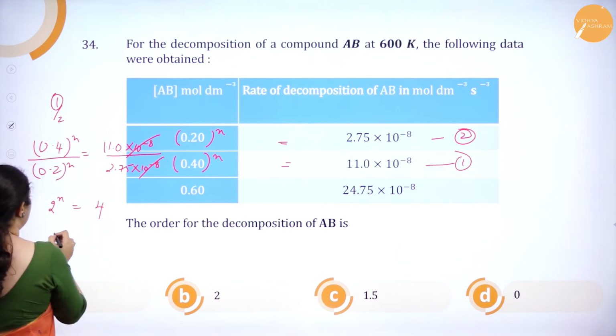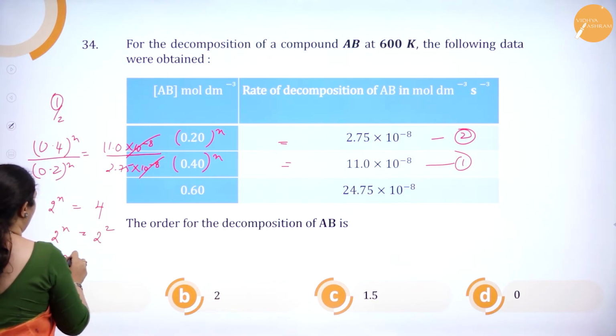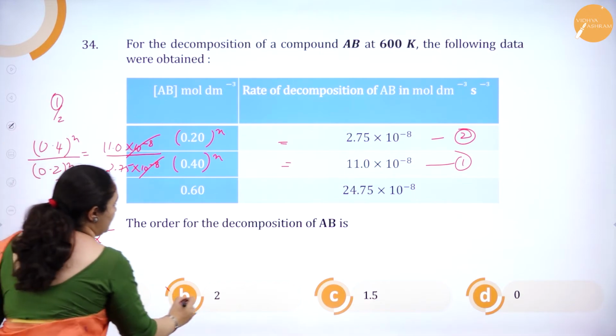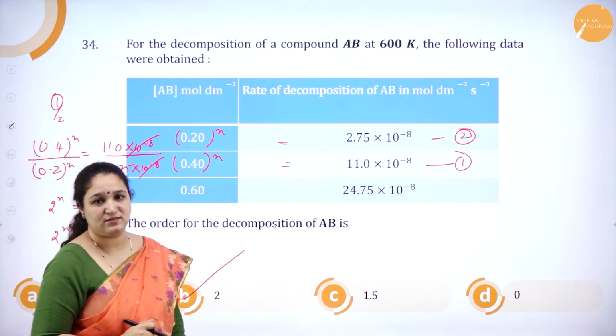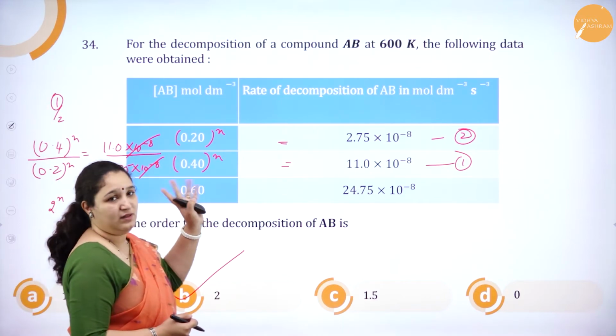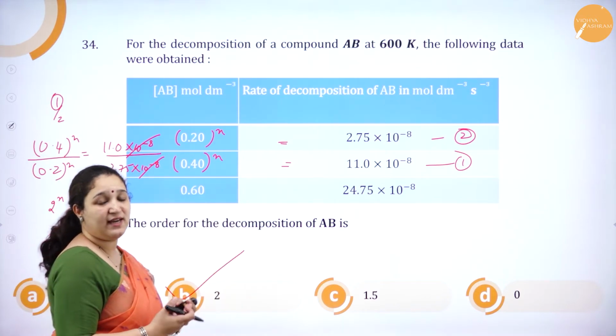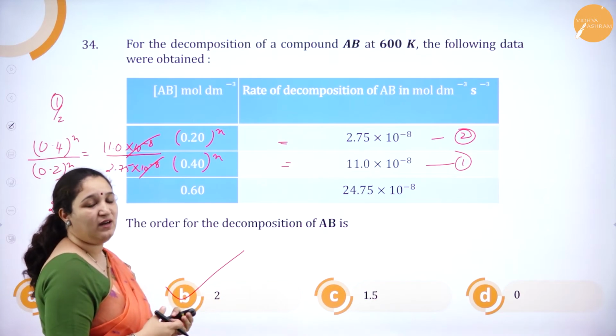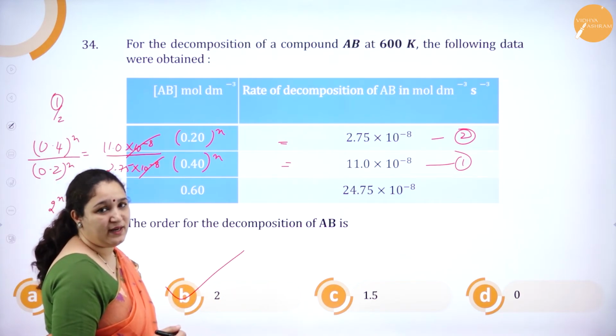Okay, so 2 to the power n is equal to 2 to the power 2, n is equal to 2. So the order is 2. Option B is the right answer. So it's very easy. If you just relate here in the table or in the given data, just take it as equation 1 and 2 and divide the two equations, you will get the correct answer.